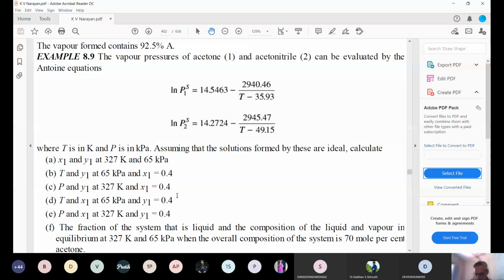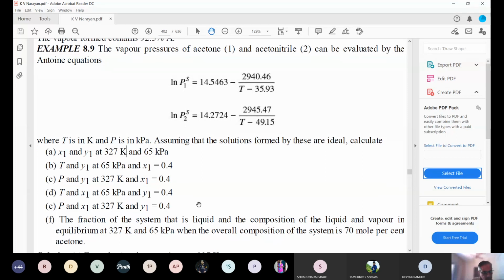Okay. So now you assume a temperature which you think will give us 65 kilopascal and Y1 equal to 0.4. Sir, we assume one temperature and check total pressure and Y also this time.